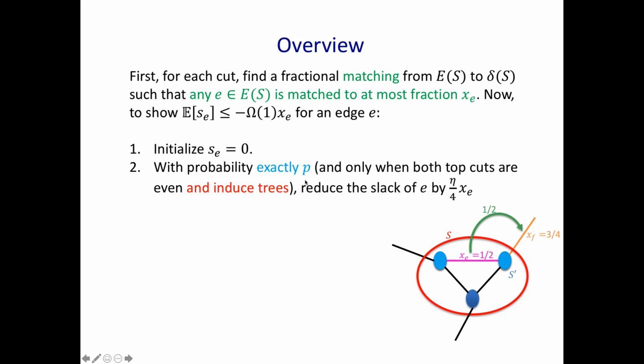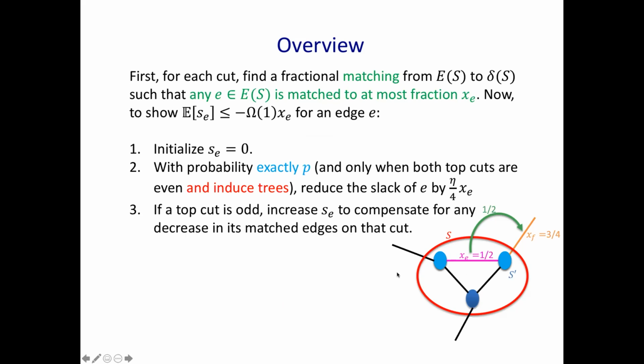And basically, this P is a kind of normalization. We decrease all edges with the same probability to ensure that the amount an edge needs to increase for its matched edge does not exceed the amount it decreases. So step 2 may now violate some constraints in the matching LP for cuts that are odd and lower in the hierarchy. So in step 3, we increase edges to compensate for decreases made on the edges that they're matched to.